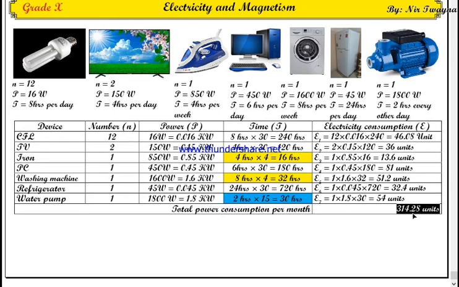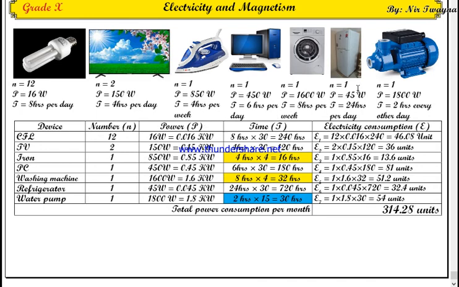Okay, any confusion? I hope no confusion. Got it? So in this particular example, total electricity consumption per month would be 314.28 units. Now what is the rate of electricity consumption?